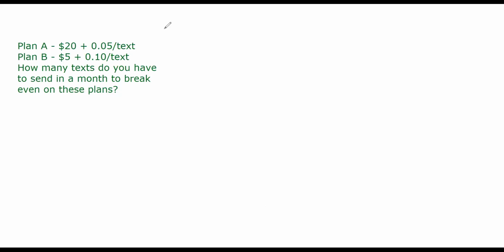Okay, well, let's see. We're probably going to end up setting up an equation. The thing we don't know is the number of texts we're going to send in a month where these two plans break even. So we should probably let that be the variable, right? Yeah, that's what we're looking for. It's unknown, so we should let it be a variable.